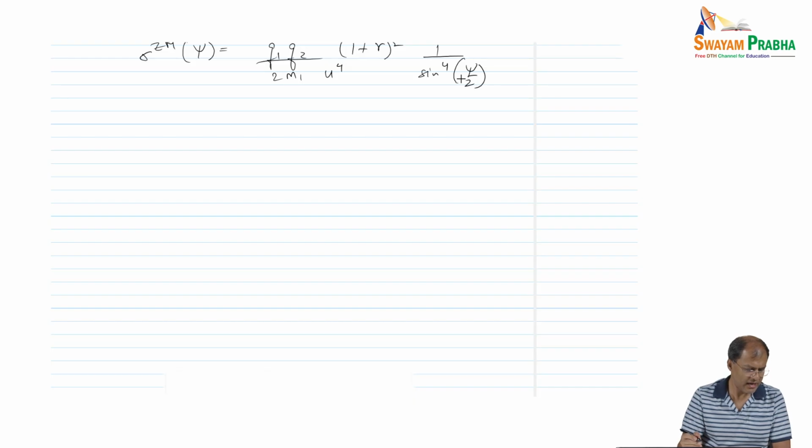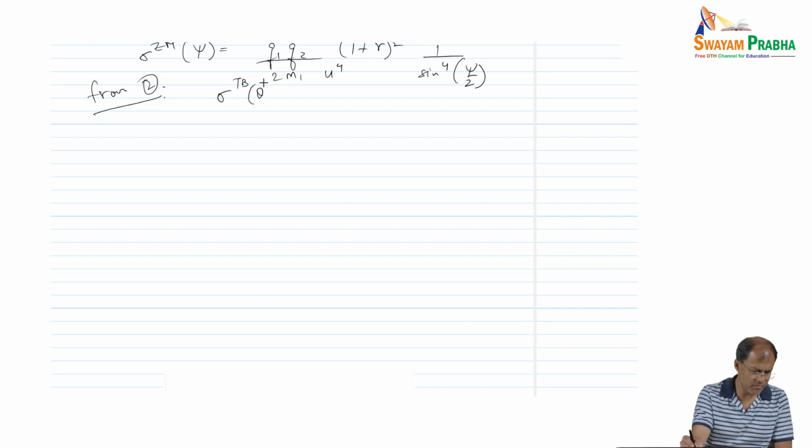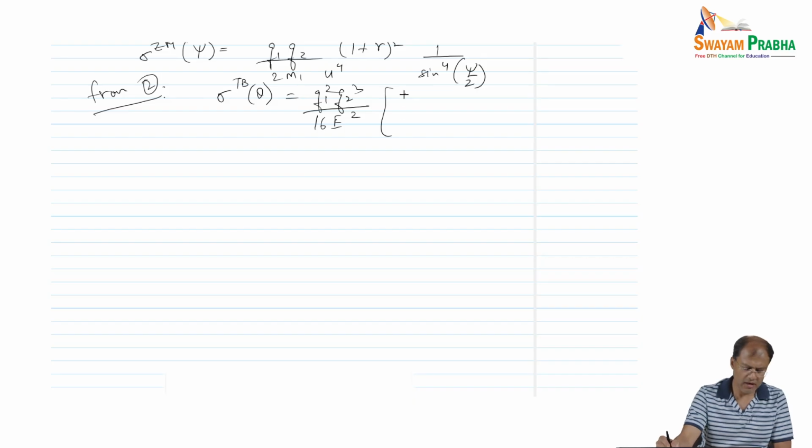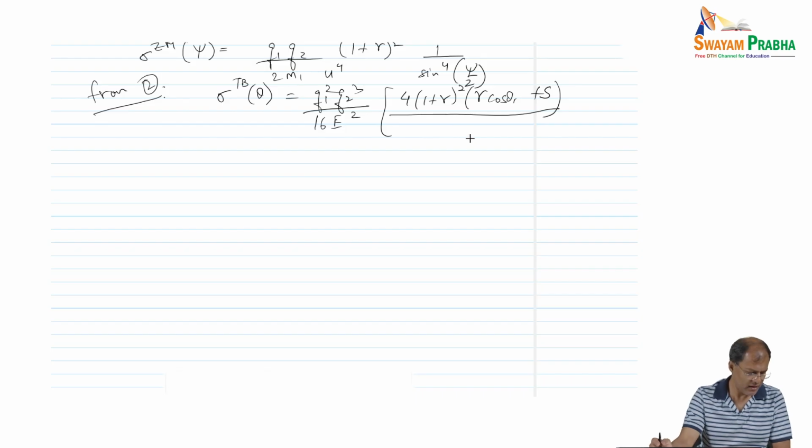And then from our previous expression 2, I can see that the two body scattering problem sigma tb of theta is coming out to be q1 square q2 square by 16 e square times 1 plus gamma square times gamma cos theta 1 plus s, where s is another expression of theta 1, times 1 plus gamma sine square theta 1 minus s cos theta 1, whole square.